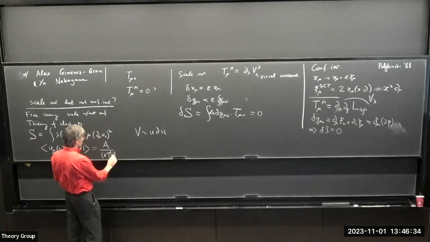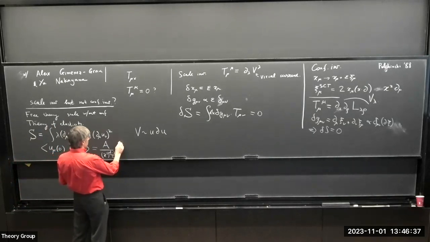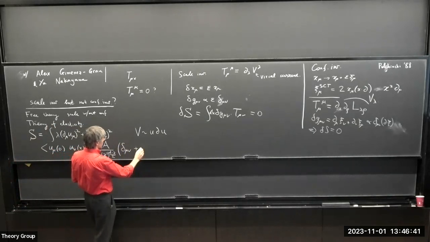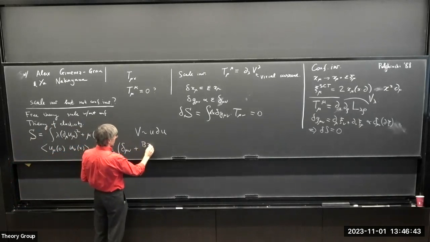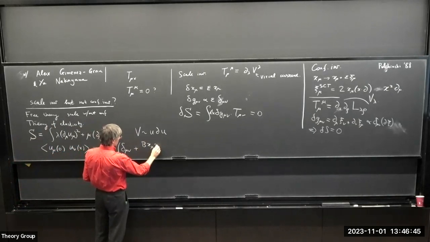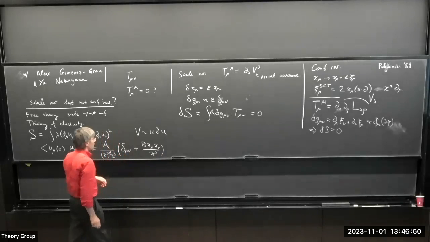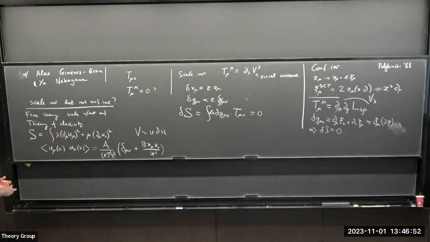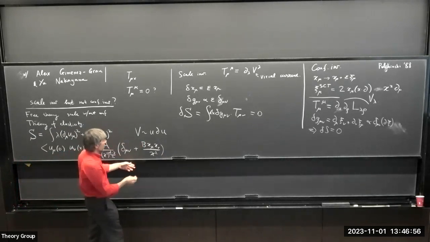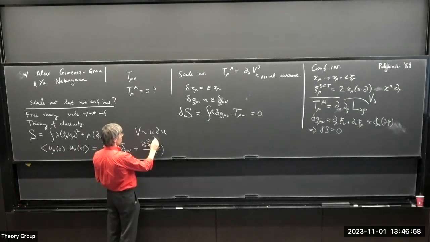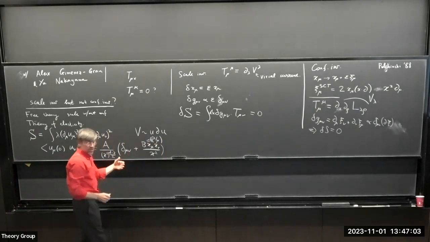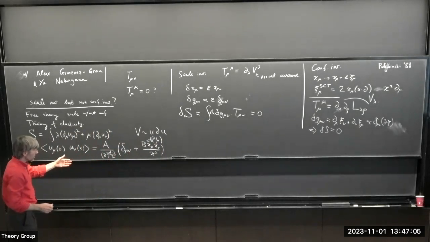And then the only structures consistent with rotational invariance are a linear combination of two terms. You can compute everything explicitly in terms of lambda and mu. So b is going to be some rational function of lambda and mu. But the point is that it's a non-trivial function of lambda and mu.